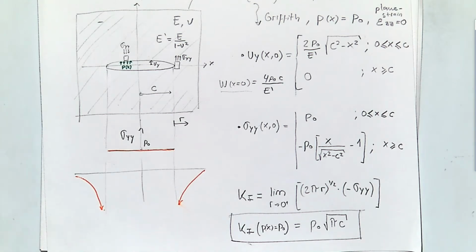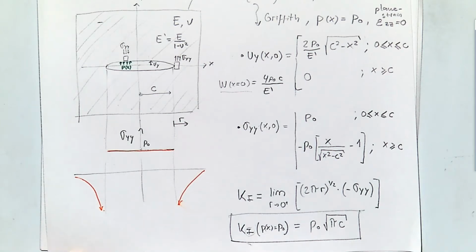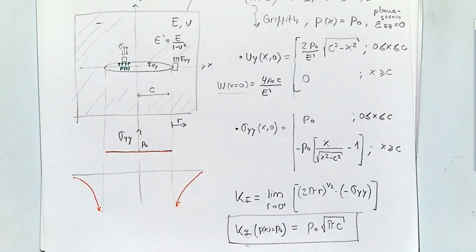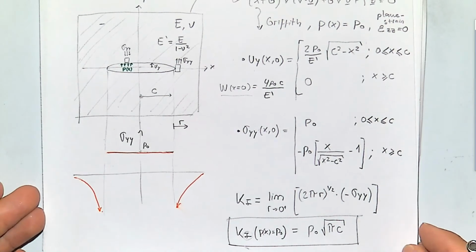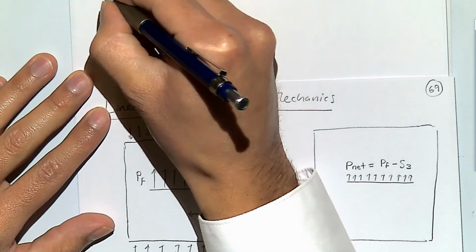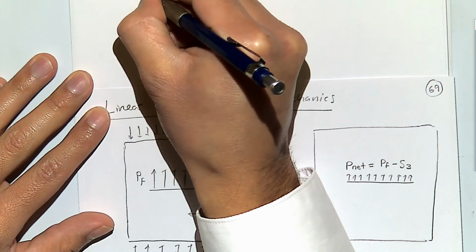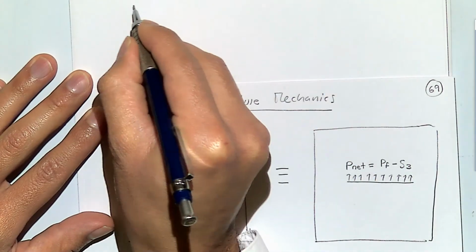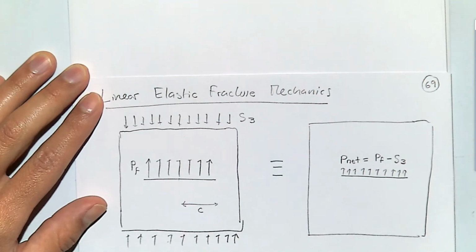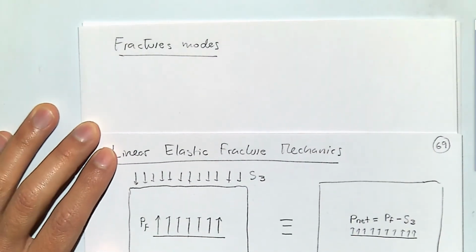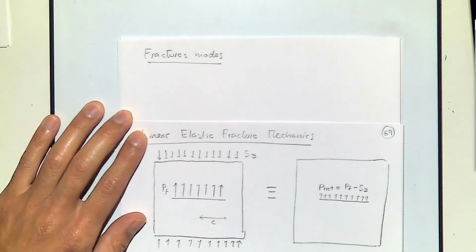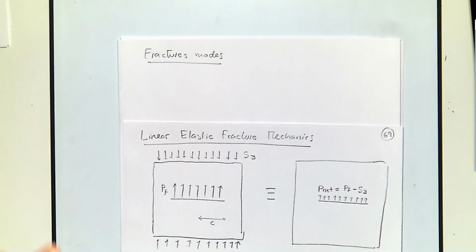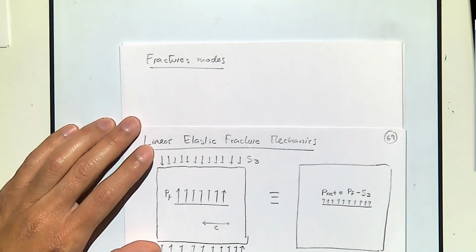Okay, what I wanted to discuss now is what this number 1 in Roman numerals is. That's related to what we call fracture modes. The first fracture mode that we have seen is mode number 1.